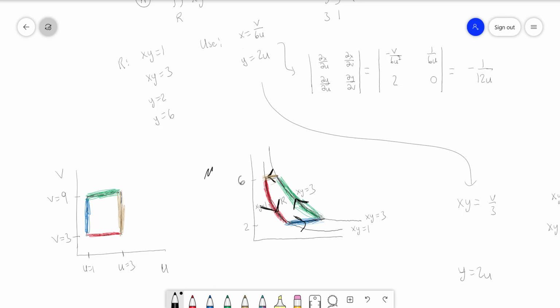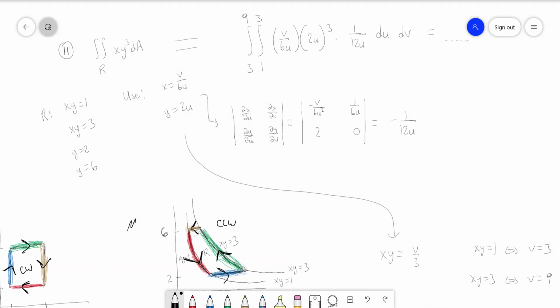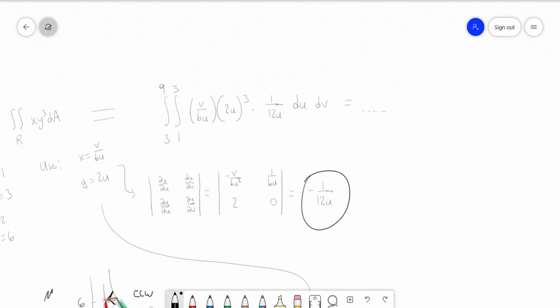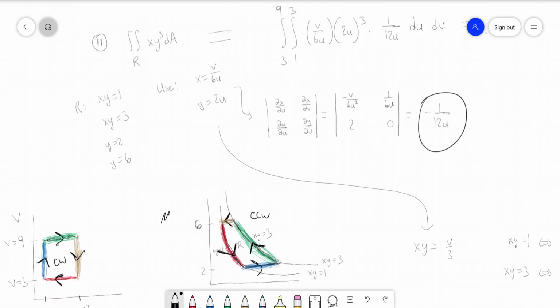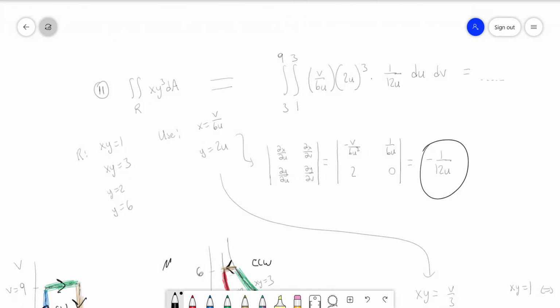But over here in the UV plane, if I try to go red, blue, green, and whatever this color is, it's opposite. It's clockwise, whereas this was counterclockwise. So that change in orientation is the reason why the determinant is negative. Negative determinant indicates change in orientation. But when you're doing a double integral like this, there shouldn't be any sense of orientation, so that's why you always use the absolute value.